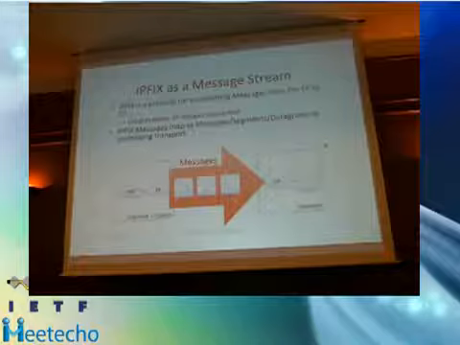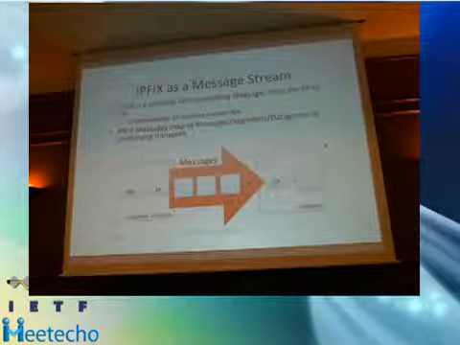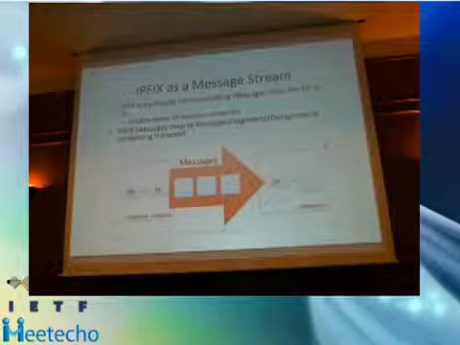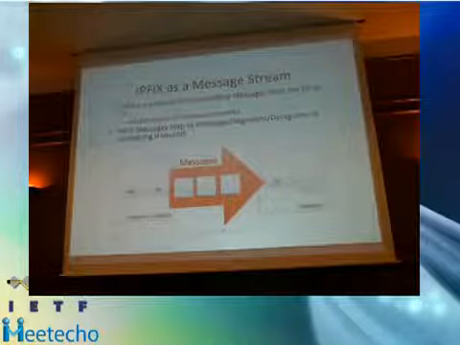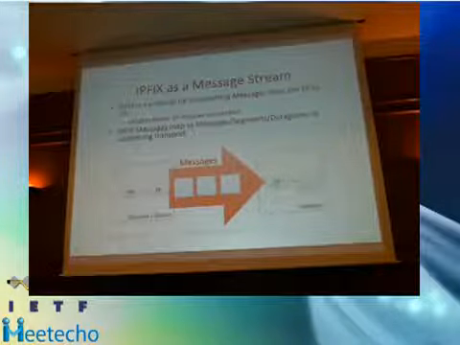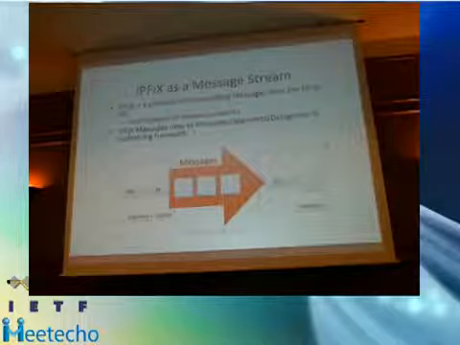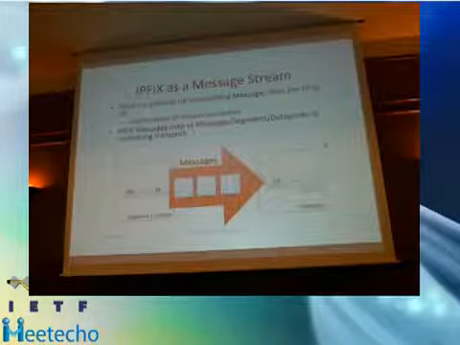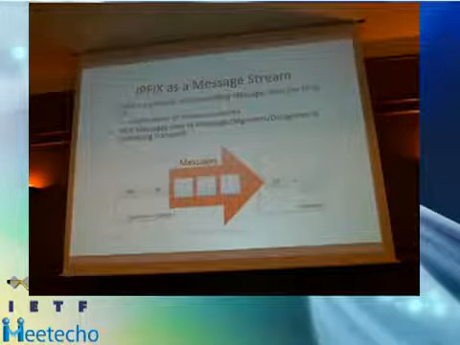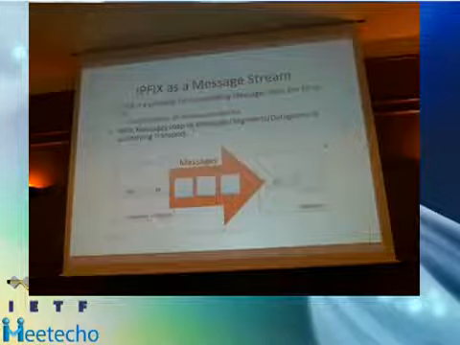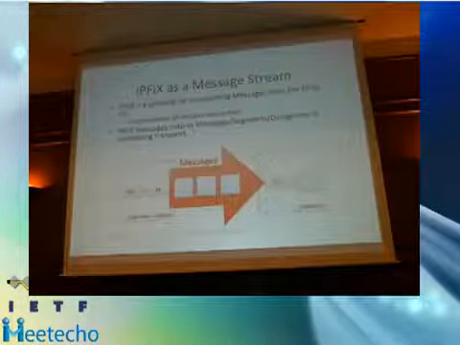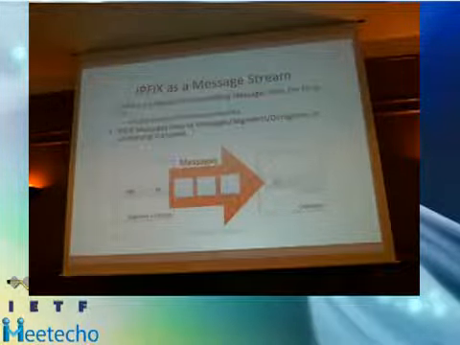There's a much less strong binding between an IPFIX message and a TCP segment, because TCP doesn't guarantee segment boundaries anyway. But for SCTP, an IPFIX message is an SCTP message. For UDP, an IPFIX message is a UDP datagram.